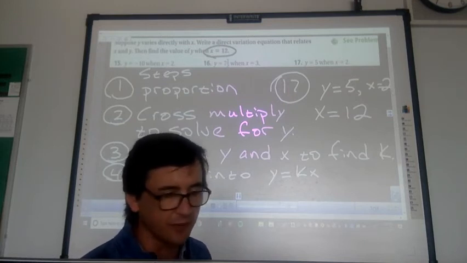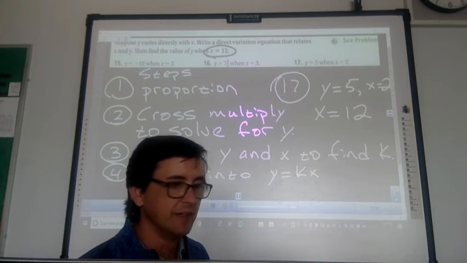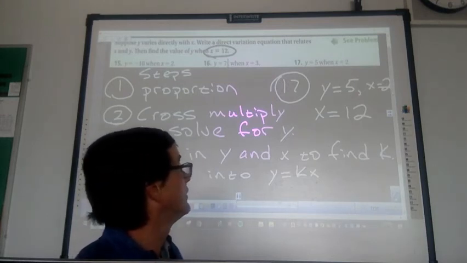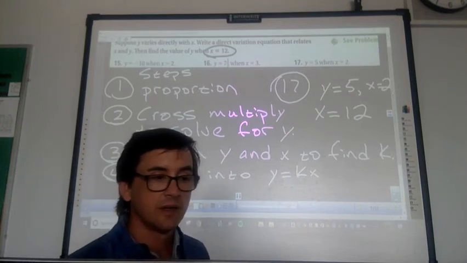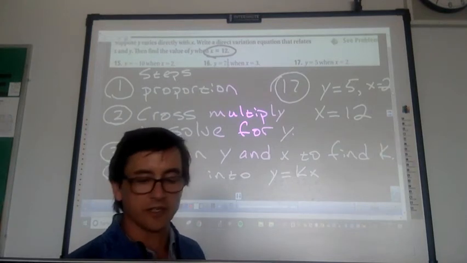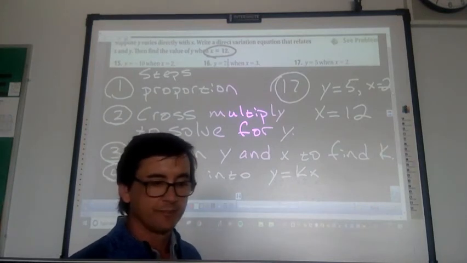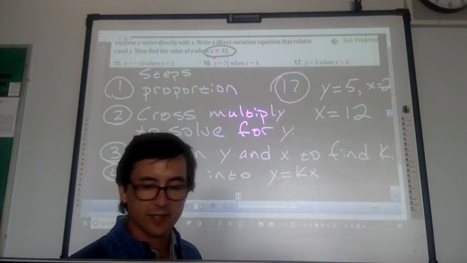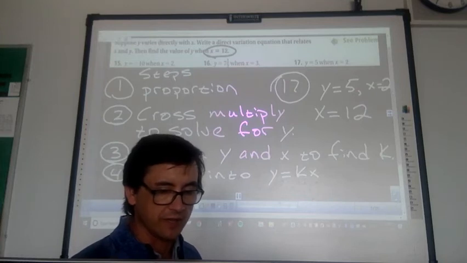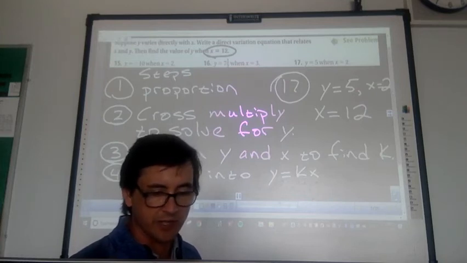It's +2. It's just probably hard to read. So 5 over +2 equals y over 12. Perfect. Good job. All right, solve from there. Tell me what the new y is, and if you can tell me what k is in the direct variation equation, I'll be extra impressed.